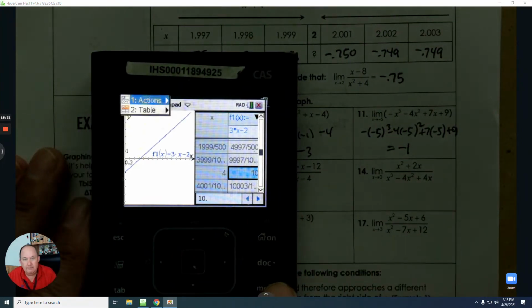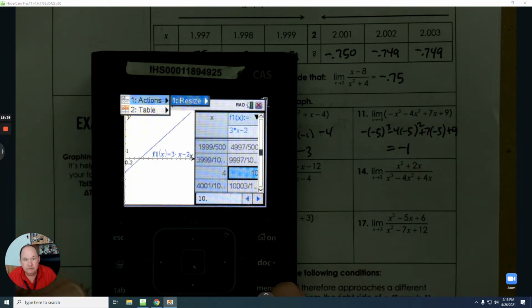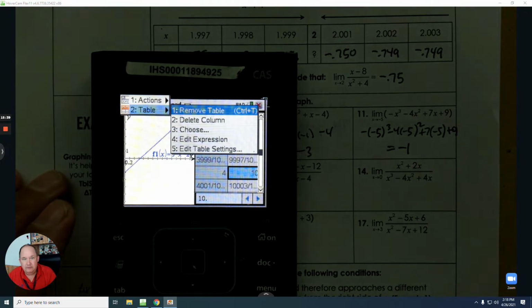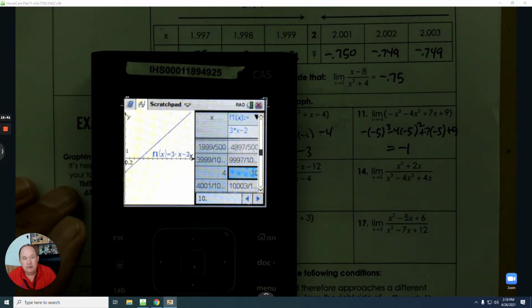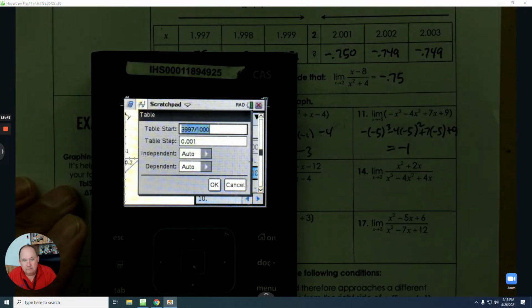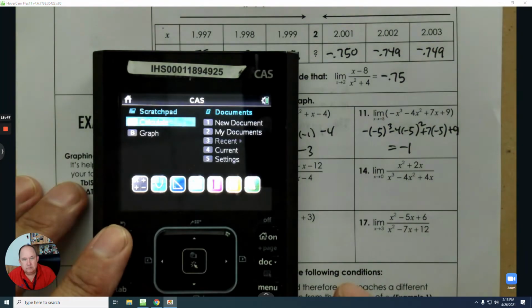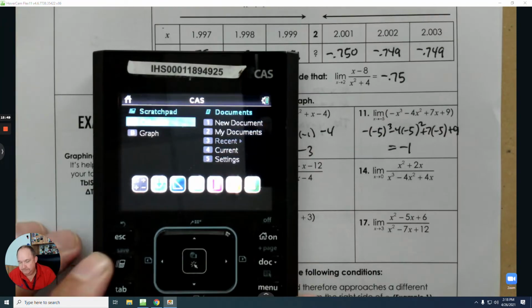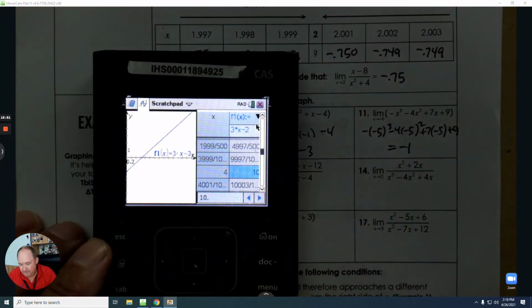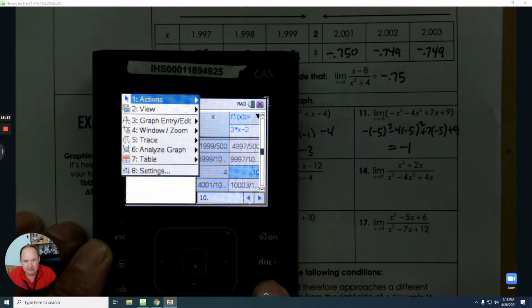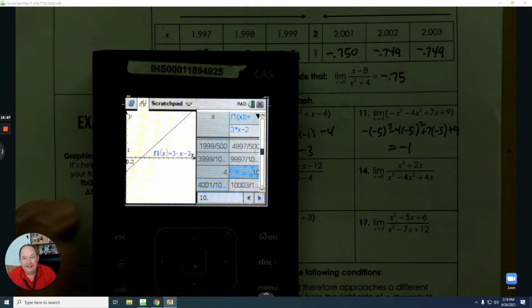So let me first of all remove the table to begin with. And then I'm going to retype it.